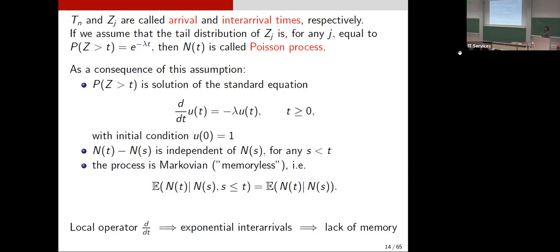As we have seen in the case of the heat equation, it was similar to what happened there for the Brownian motion, since in the heat equation we had again a first order derivative with respect to time.